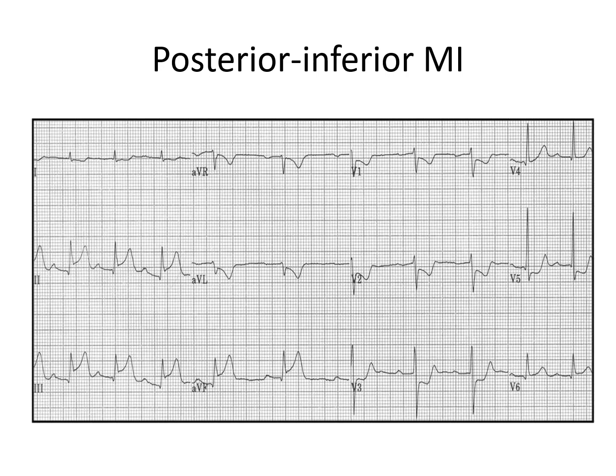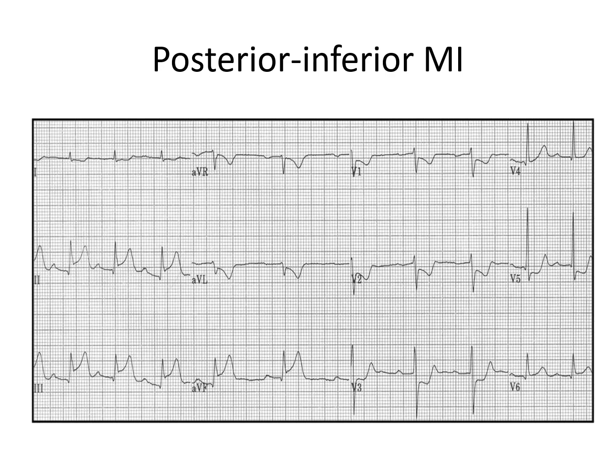So here are some examples. This is an inferior posterior MI. You can see the classical inferior ST elevations in 2, 3, and AVF. You can see the mirror image ST depressions in 1 and AVL, and to some degree in V5 and maybe V4.